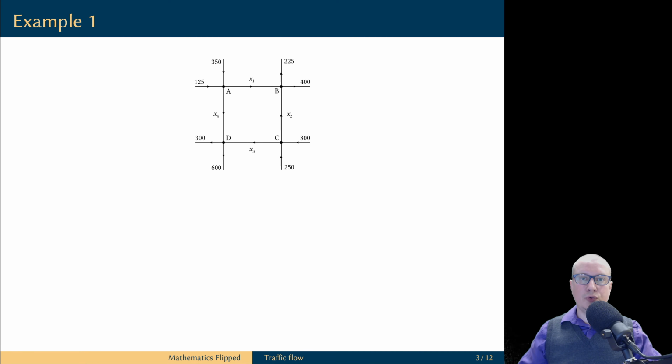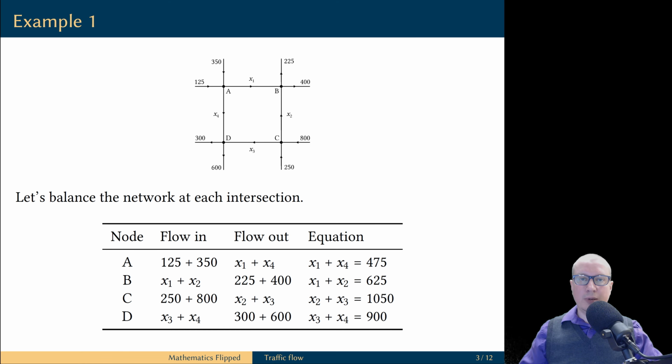This means we need to ensure that the traffic that enters each intersection is equal to the traffic that leaves the intersection. To balance the network, we look at each node in turn. We compute the flow into that node as well as the flow out of the node. And to have a balanced network, the flow in must equal flow out.